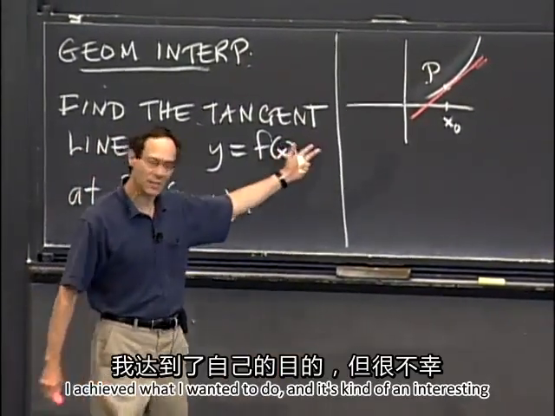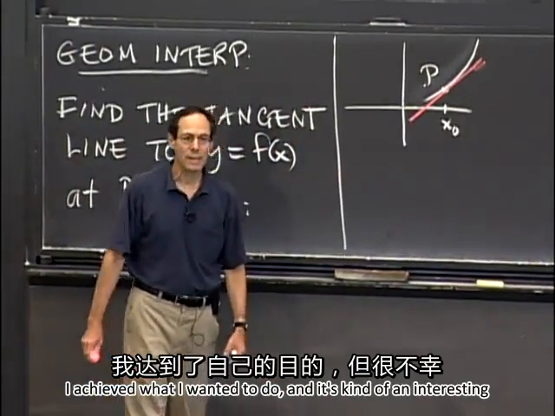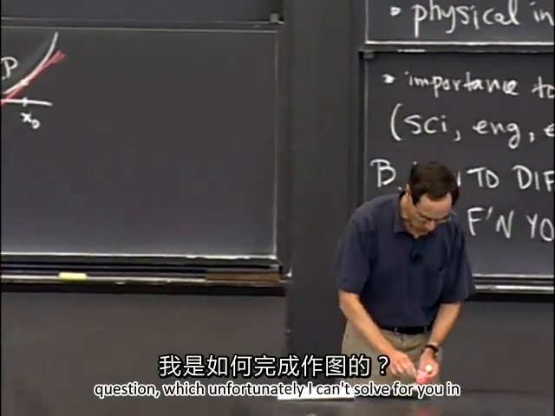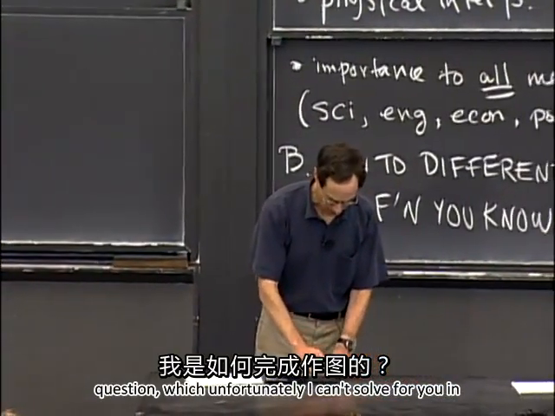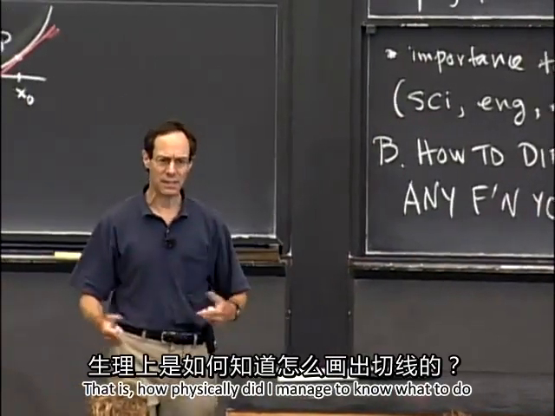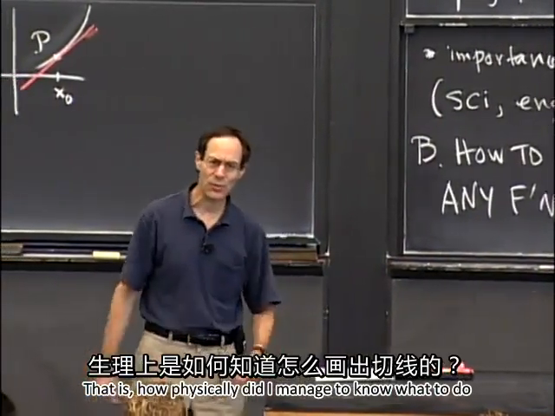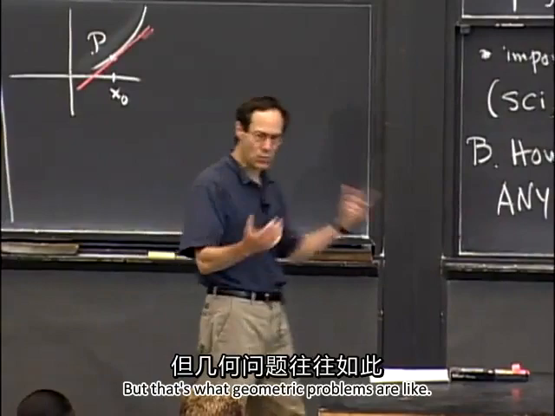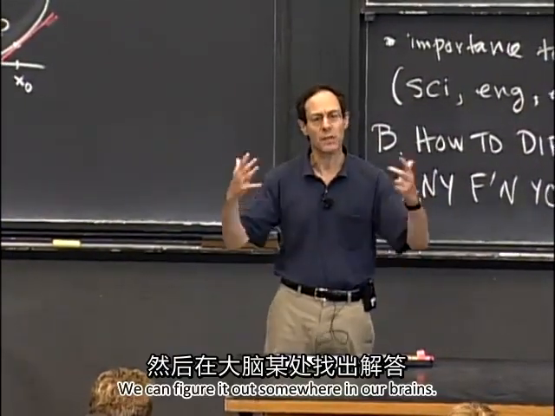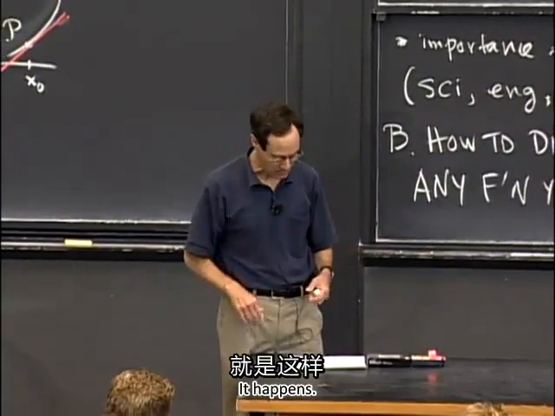I achieved what I wanted to do. And it's kind of an interesting question, which unfortunately I can't solve for you in this class, which is how did I do that? That is, how physically did I manage to know what to do to draw this tangent line? But that's what geometric problems are like. We visualize it, we can figure it out, somewhere in our brains it happens.